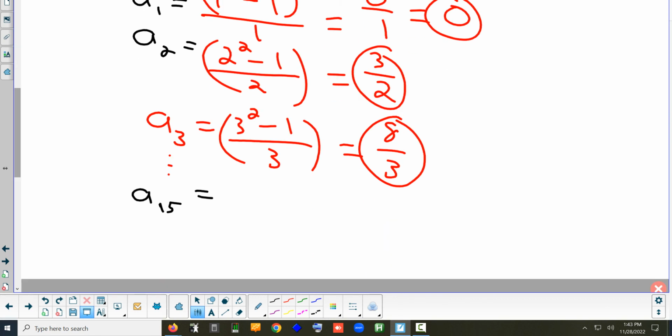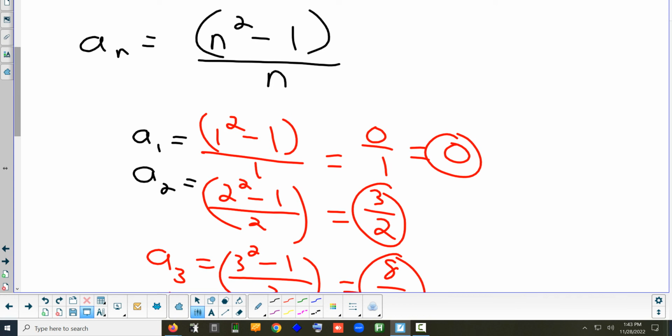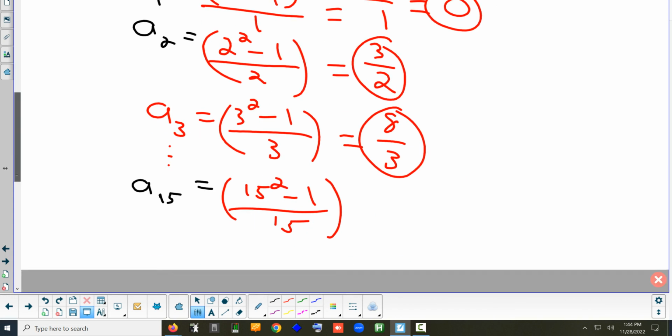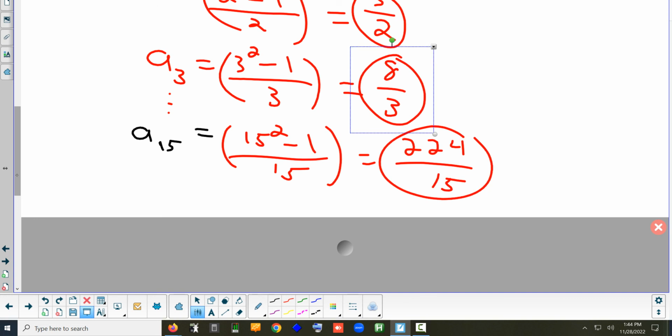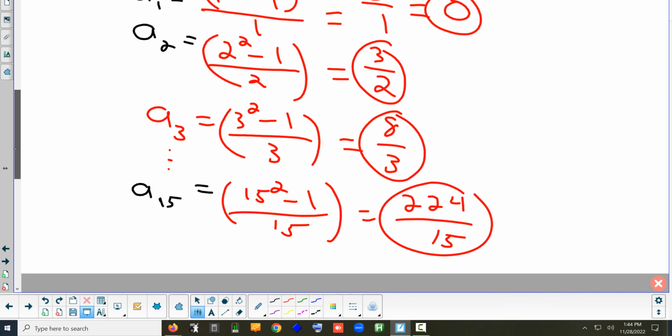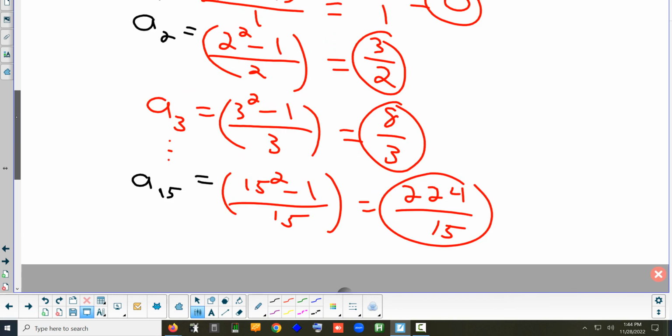I'll plug in 15. So replace n with 15. So 15 squared, yep, 225 minus 1, 224. We'll just leave it like that. So there's the first 3 terms and the 15th term in this sequence.